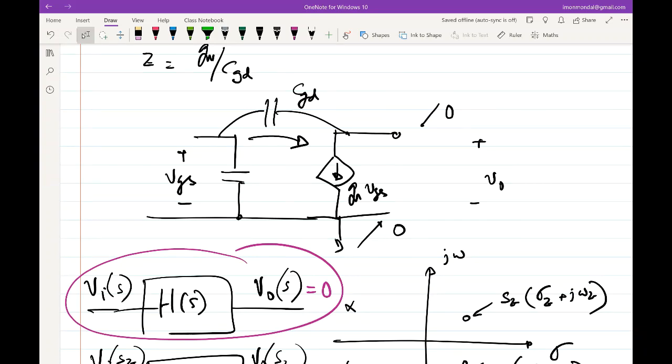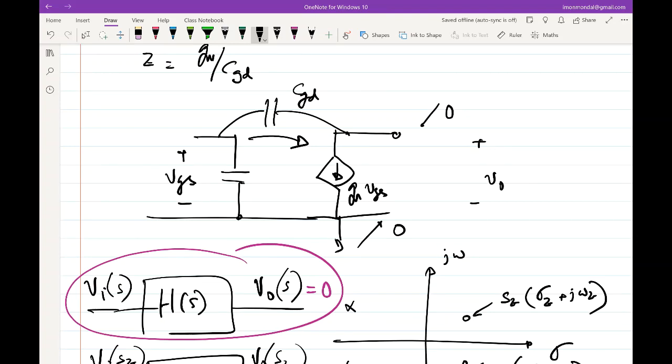Okay. So now I have to figure out, is there a value of S for which this condition is valid? For that, I am back calculating. So is the argument clear? Okay, great. So now, if this is the case scenario, what is the current through CGD?